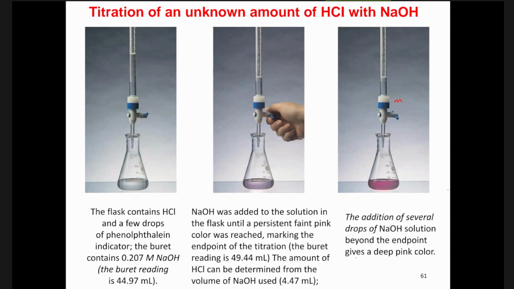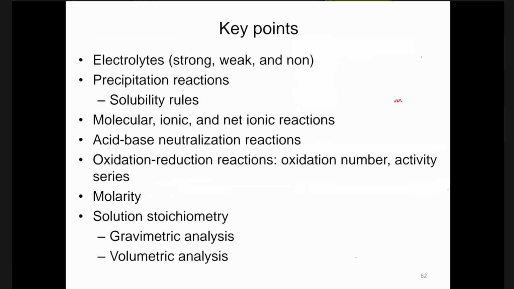Based on the amount of sodium hydroxide you put in the solution, you know the concentration already. You can calculate the number of moles of sodium hydroxide you used, so you can calculate back the amount of hydrogen chloride inside the solution you need to determine. Okay, so that's all for the moment.